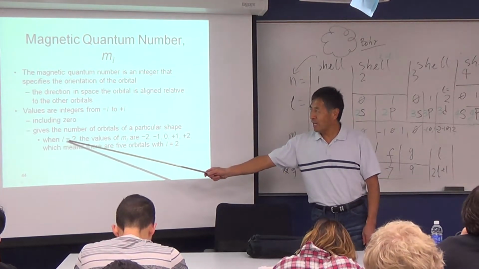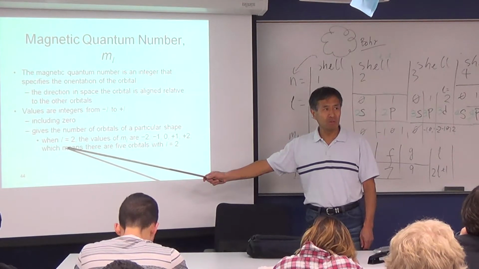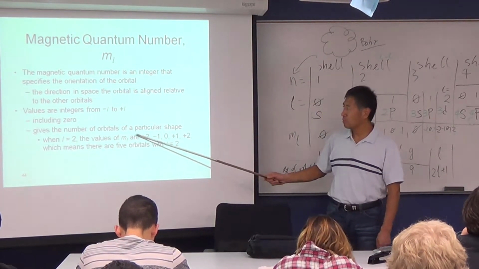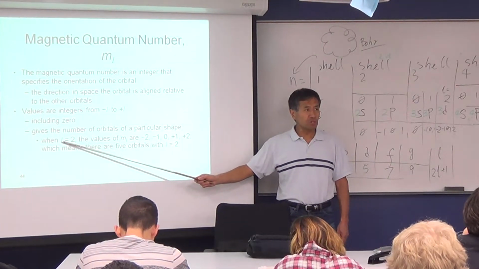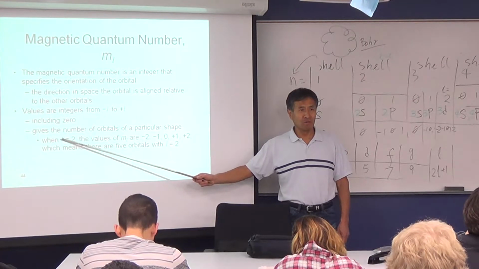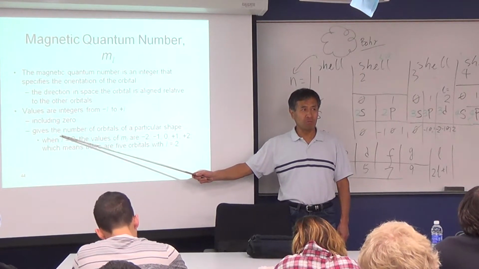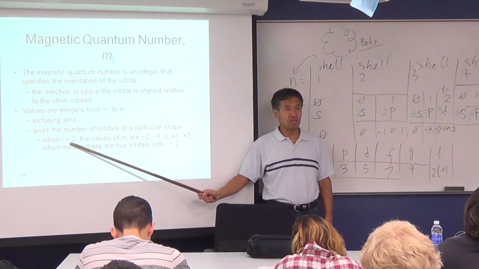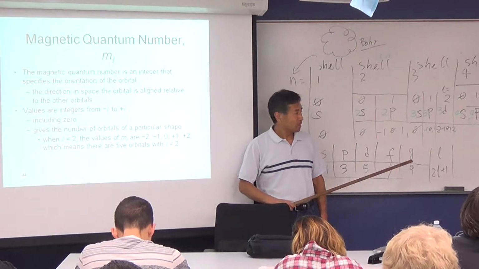So l equal to 2 means our d type. Understand? l equals 2 is a d shape. l equals 1 is a p shape, see here? l equals 0 is an s shape. l equals 3 is an f shape.